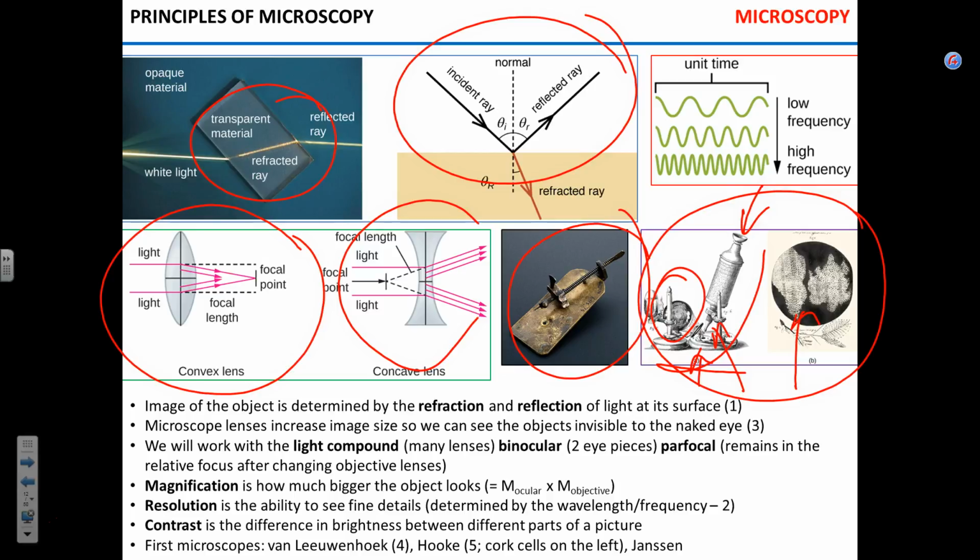Mine go 10, 20, 40, 100. So the maximum magnification of this microscope is the same as yours. It's compound, it uses light, and it's binocular. It can be a little tricky. Have you used a microscope before?